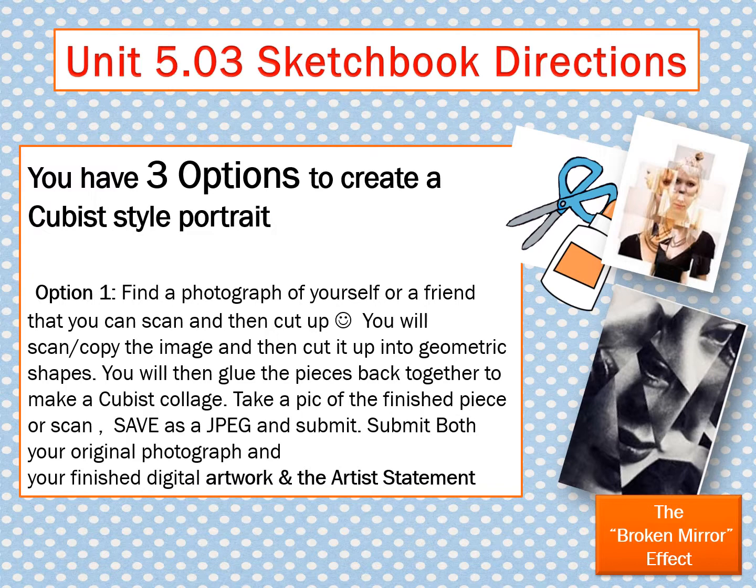You will scan and copy the image and then cut it up into geometric shapes. You will then glue these pieces back together to make a cubist collage. Take a picture of the finished piece or scan it, save it as a JPEG, and submit it to your Unit 5.03 Dropbox.